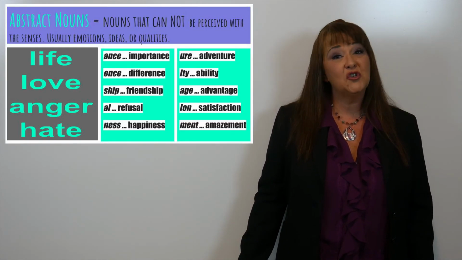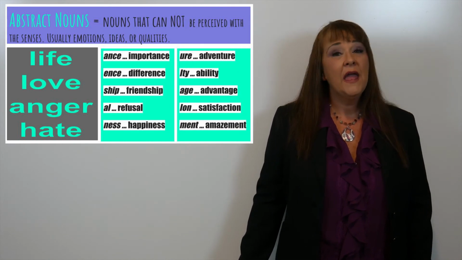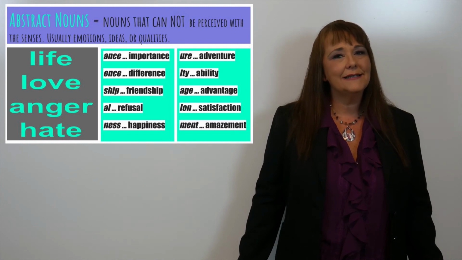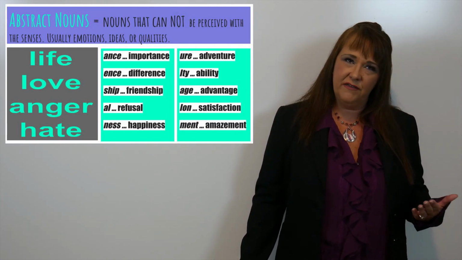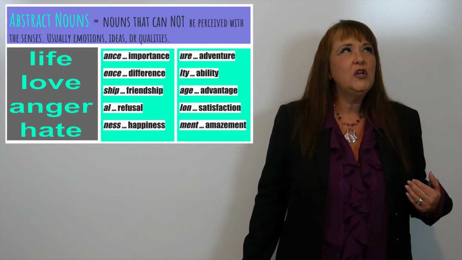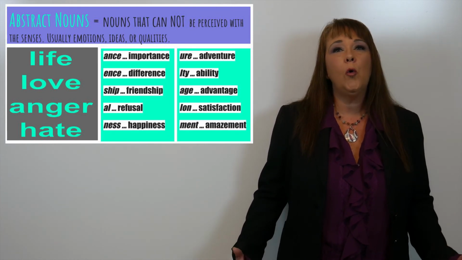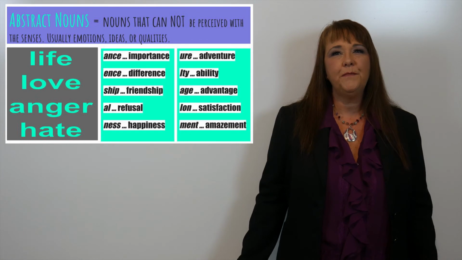Let's talk about the second type of noun, which is an abstract noun. Now, an abstract noun cannot be experienced with the senses. They're usually emotions or ideas or qualities.